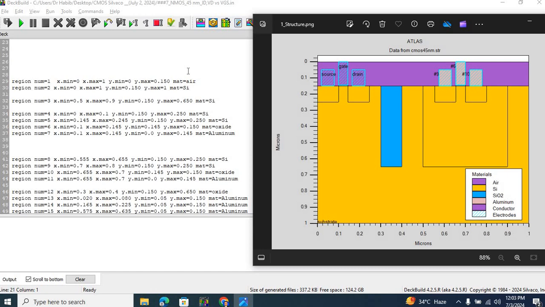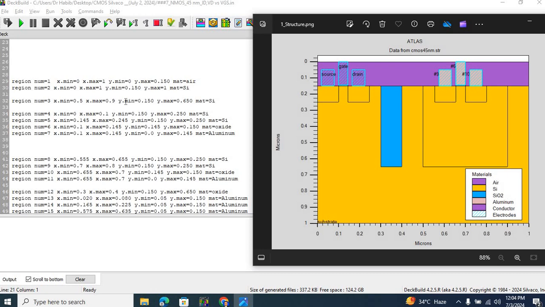Now my region number 2 is actually silicon running from 0 to 1 in the x direction, this substrate region over here, and from 0.15 to 1 micrometer in the y direction.